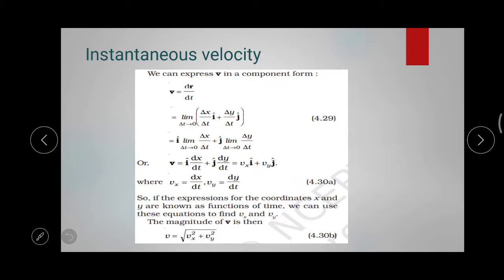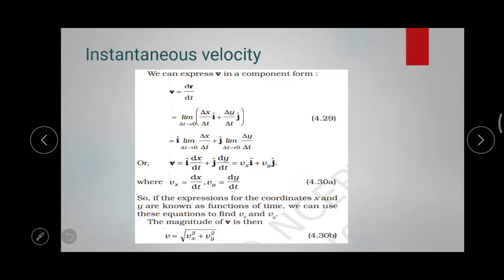If you are given the position vector in terms of t, then by differentiating that vector with respect to t, you can find the instantaneous velocity for that motion at a particular time.